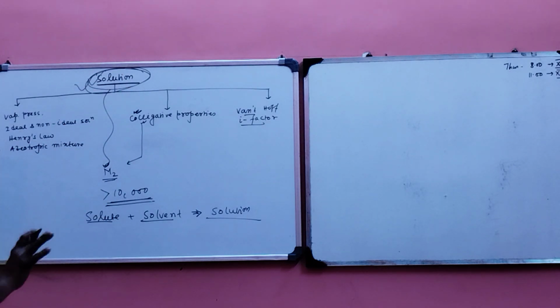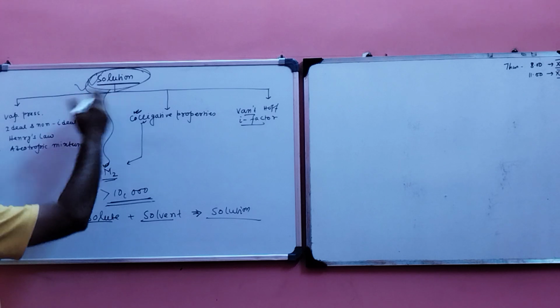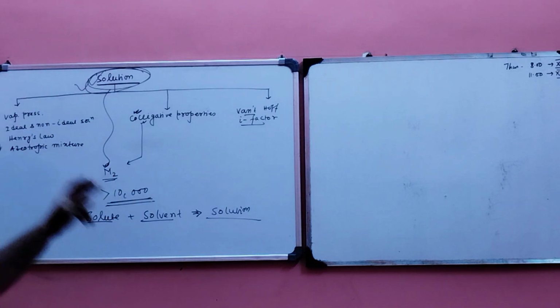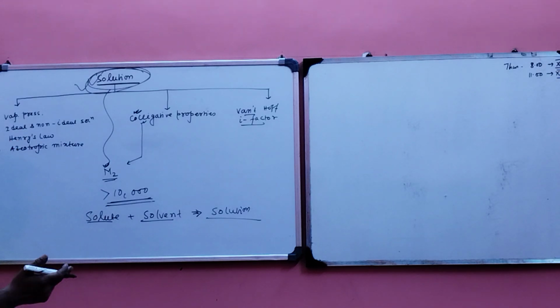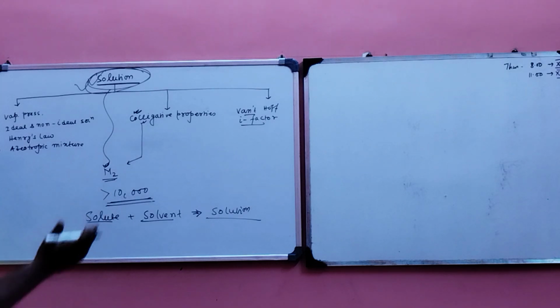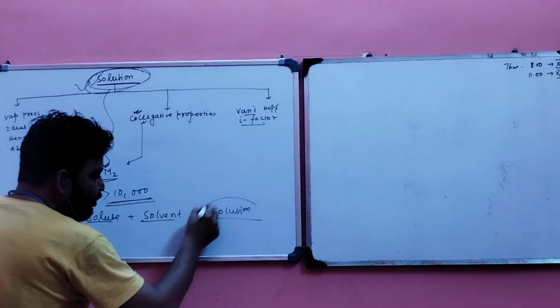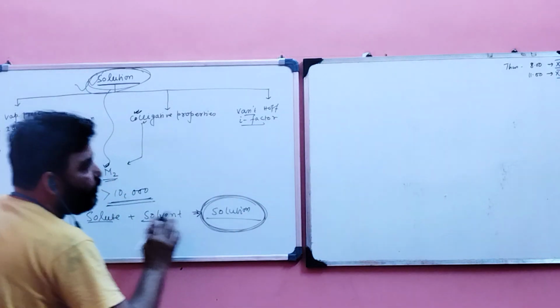When you start any chapter, first you have to know the aim, why we learn it, what its application is. The application of this chapter is to determine the molecular mass of unknown solute, generally those with molecular mass greater than 10,000, which cannot be determined easily by other methods. Clear? Now, since it is related with solution, some units of concentration of solution we have to learn.